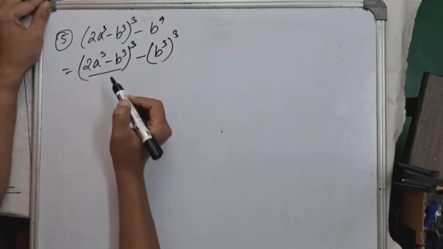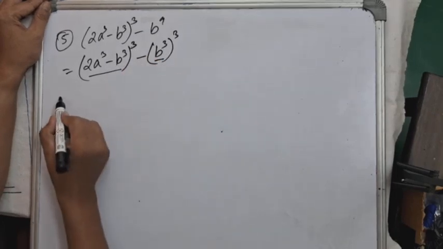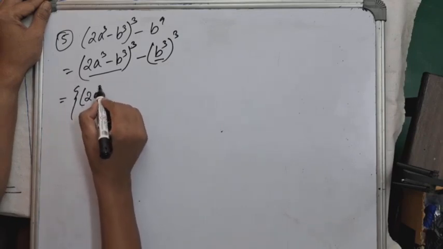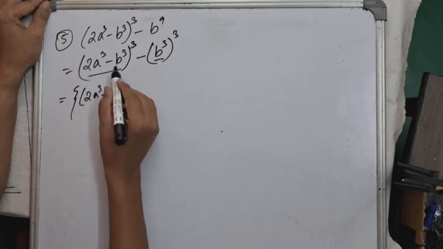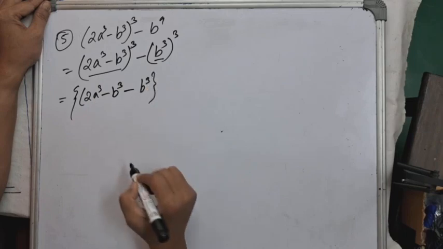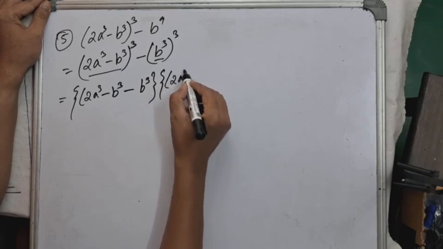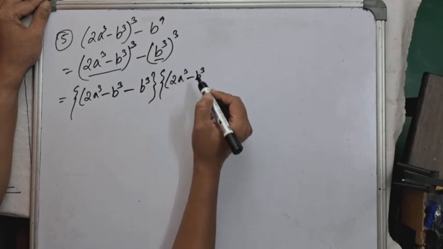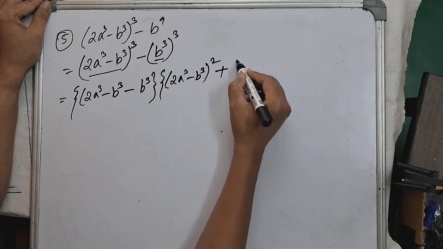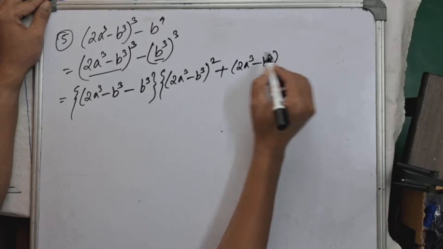Now let's assume this as a and this as b. So a cubed minus b cubed, isn't it? Let's apply the formula a cubed minus b cubed, that is a minus b into a square plus ab plus b square. Here a is 2a cubed minus b cubed, and b is b cubed.